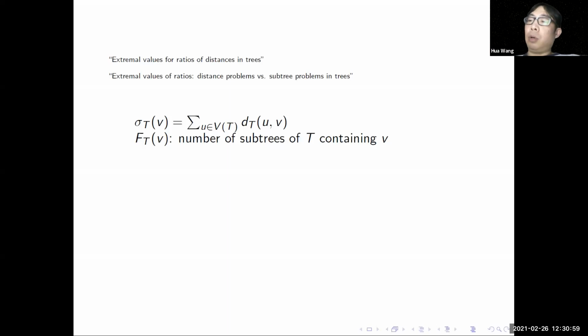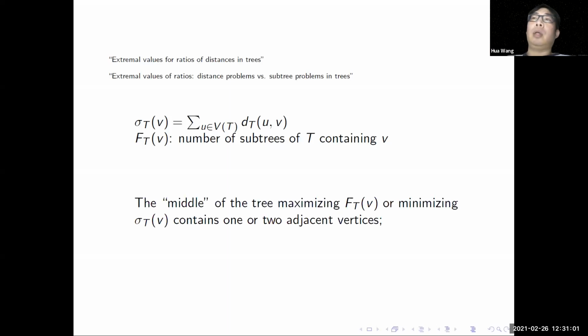And when you have the local version of something like this, you can define the middle part of a structure. There were a series of studies of middle parts of graphs and trees in particular based on graph invariants, which we won't mention here.